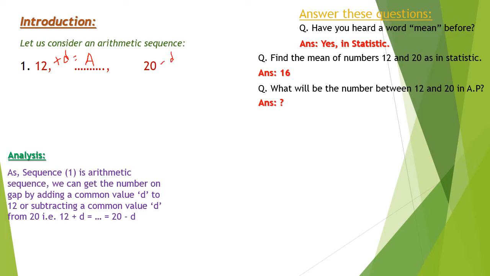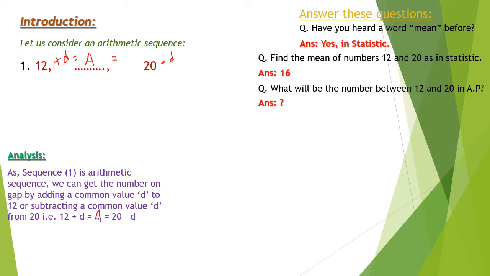The same number we are going to get, because these numbers are in arithmetic progression, and their common difference will be constant or equal. So if we add the common difference d to 12, and subtract the common difference from 20, we get our number a.